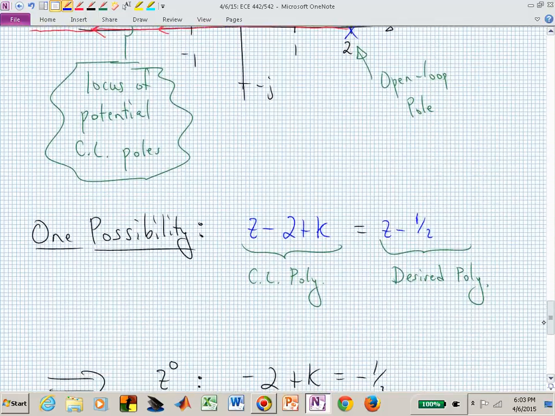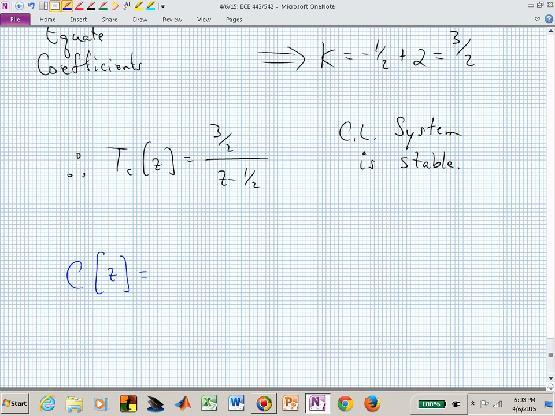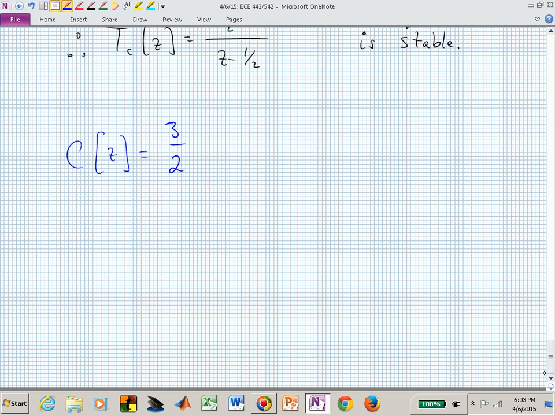That's now our controller. Controller, c of z, is just k, which we've picked a particular value to place our desired polynomial at z minus 1/2. This is now a proportional controller.